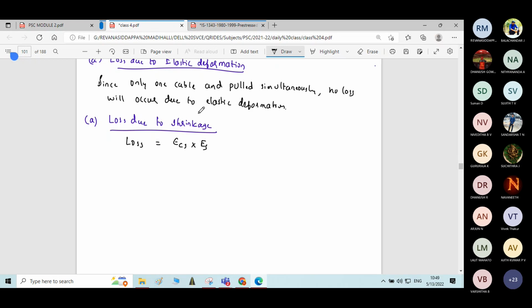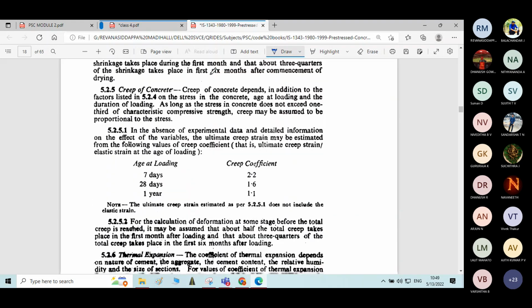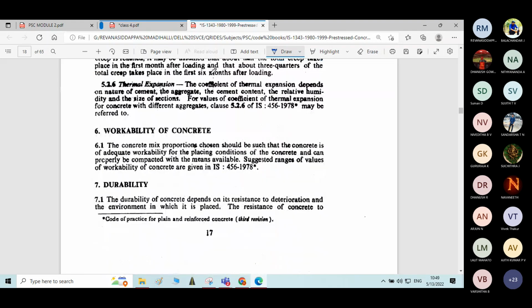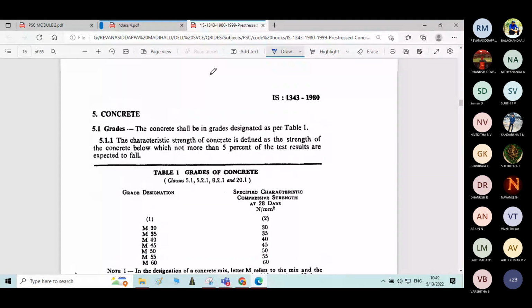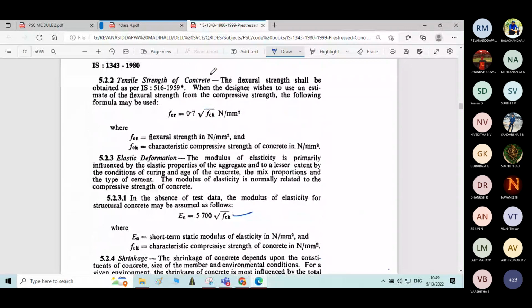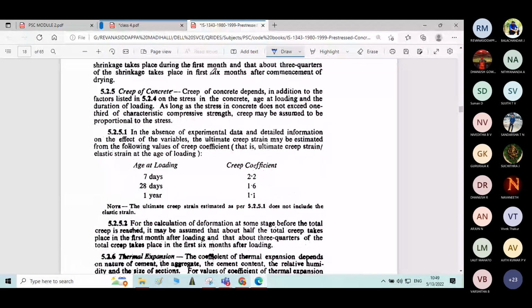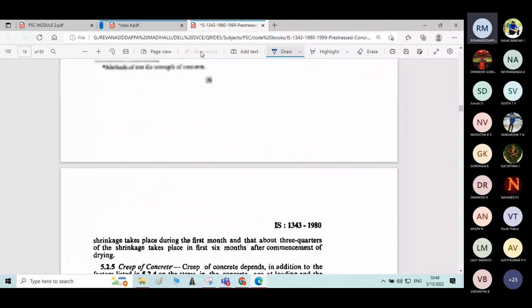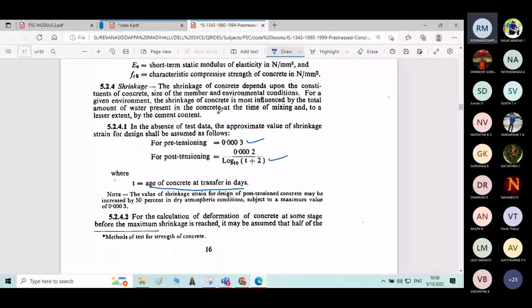We have the formula in the code book, correct? Here only we have the shrinkage strain.